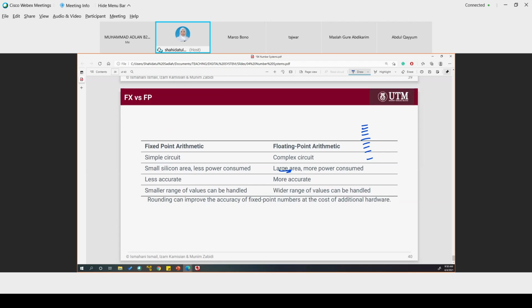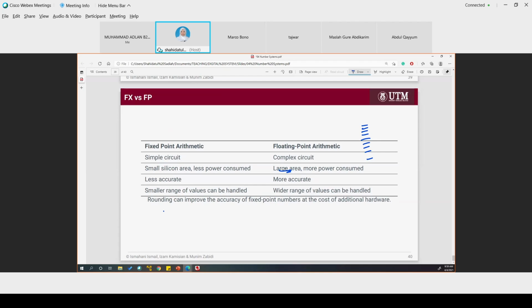And the fixed point is less accurate compared to the floating point, because we have more fraction bits on the floating point. The fixed point can handle a small range of values, while the floating point can handle a wider range of values.